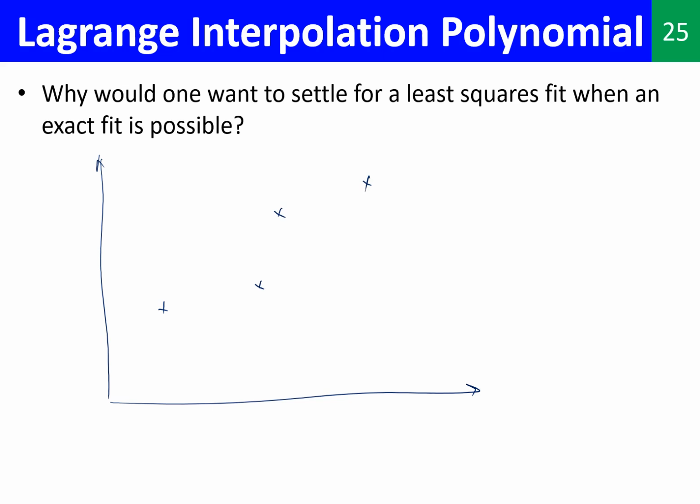And according to what we just learned, we could fit a Lagrange polynomial of degree 3 that goes through all these points. So we might end up with something like this, which is the Lagrange interpolation polynomial. But again, when we look at these points, we can also think of a linear trend like this. Okay, so we have this.